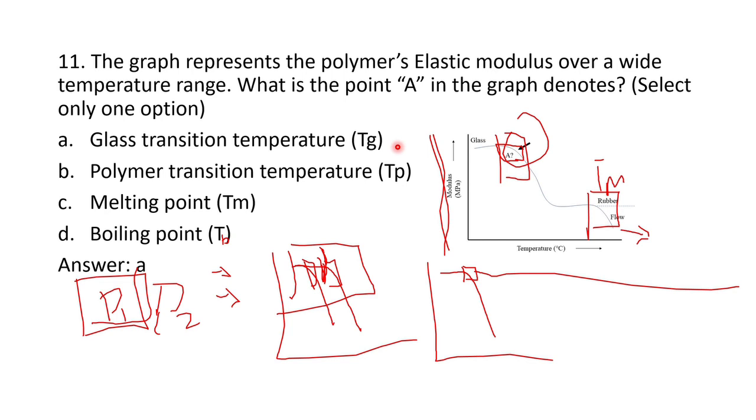That particular temperature is called the glass transition temperature. The elastic modulus also will decrease, and then finally it will be very low when it is in a viscous form, that is, at a very high temperature.